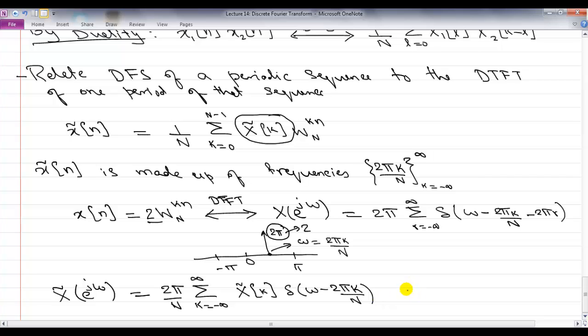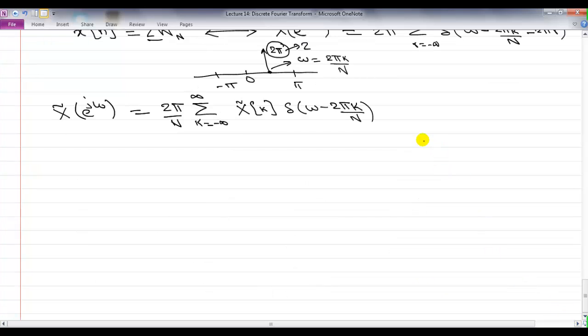Okay, so it's effectively my discrete time Fourier transform. The way I'm representing that is through impulses at locations 2 pi k over n.